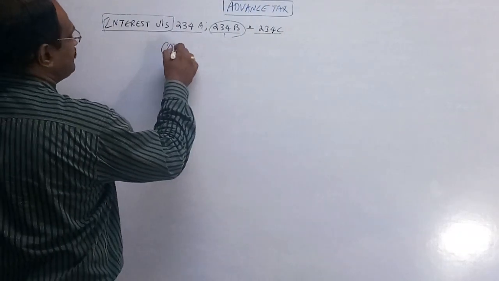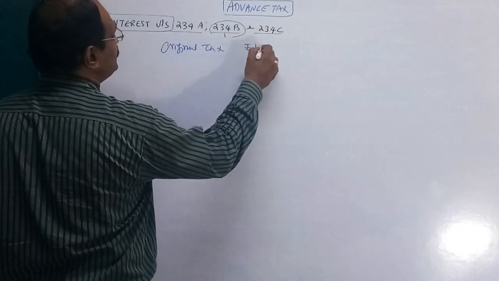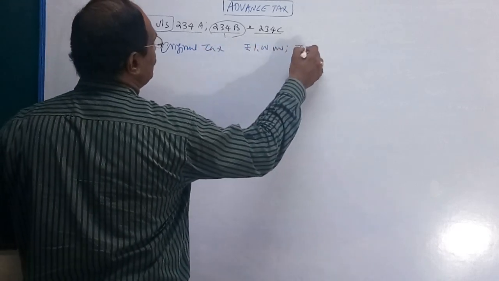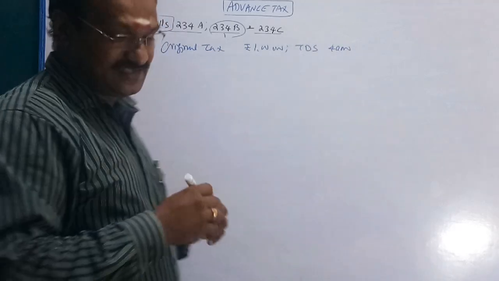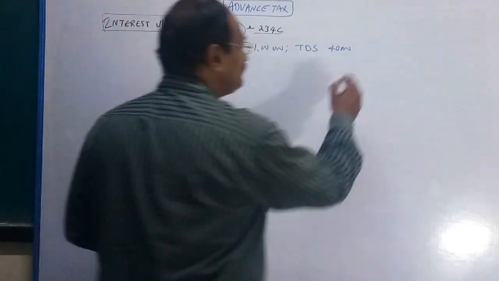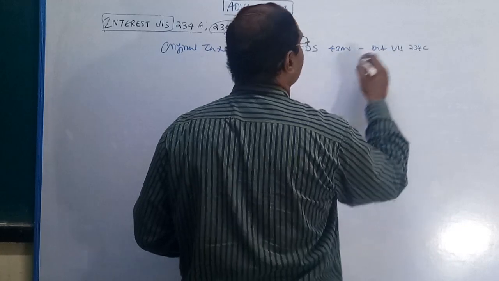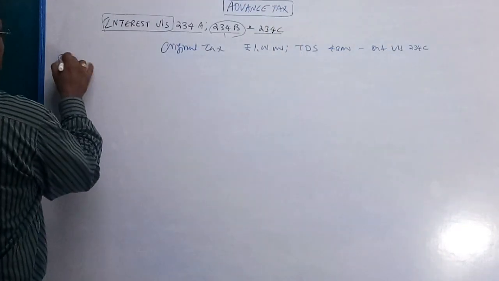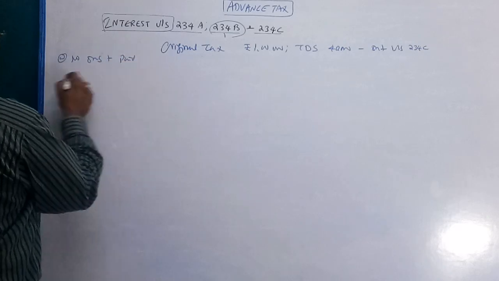Original tax rupees 1 lakh, TDS 40,000. Compute interest payable under section 234C. A: No installment paid.